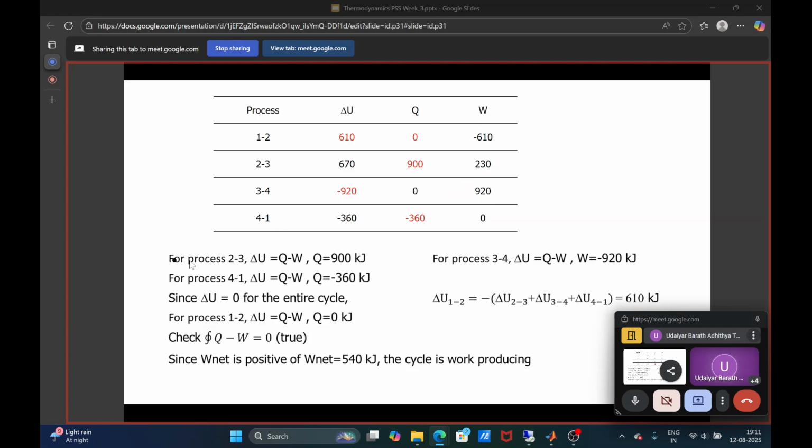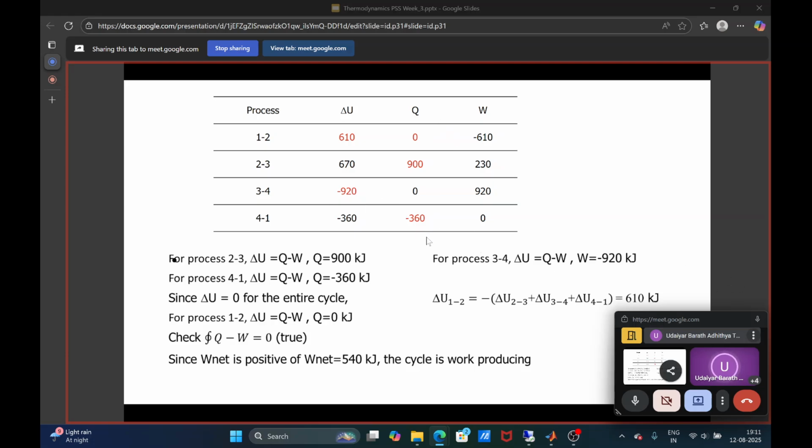So as I said previously, for process 1 to 2, delta U is Q minus W. So we get Q as 900, and then process 4 to 1 is Q minus 360, and process 3 to 4 minus 920.